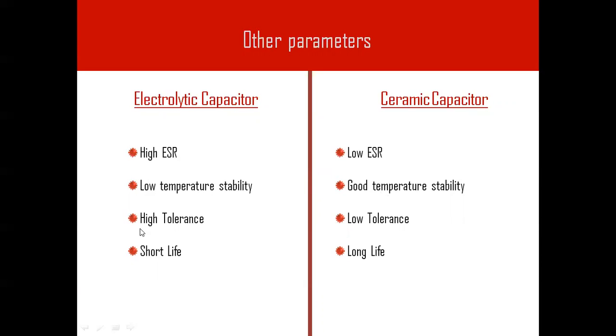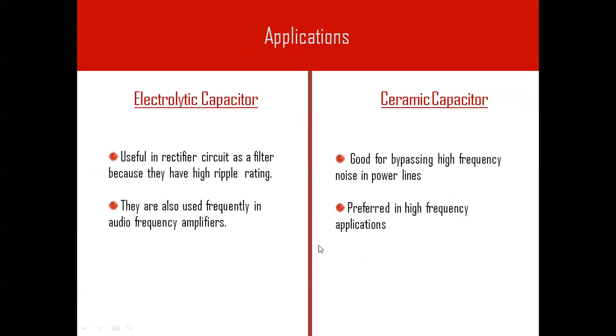Electrolytic capacitors exhibit high tolerance range and ceramic capacitors exhibit low tolerance range. Coming to the lifespan of these capacitors, electrolytic capacitors have very short life and ceramic capacitors have long life.